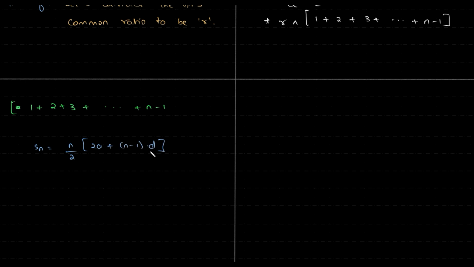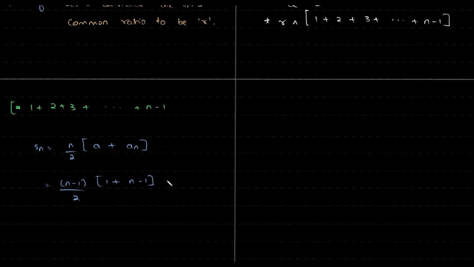Here n becomes n minus 1 because there are n minus 1 terms, and the first term is 1 and the last term is n minus 1.